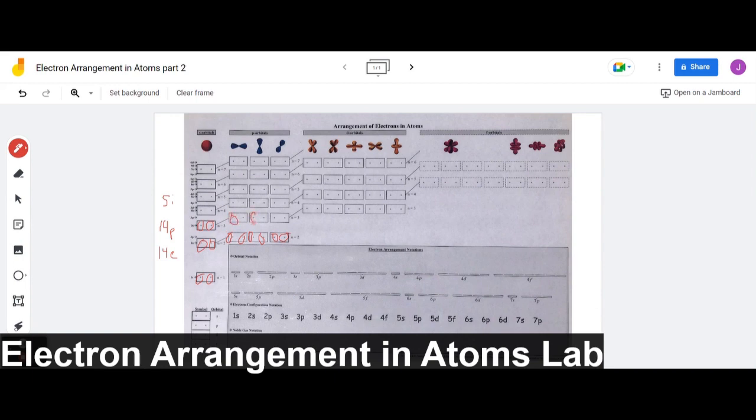And then I'm counting circles. Thus far, I've drawn 15. So my next circle is going to be in one of the boxes of the 3p sublevel. It doesn't matter which one, but I got to put it somewhere.